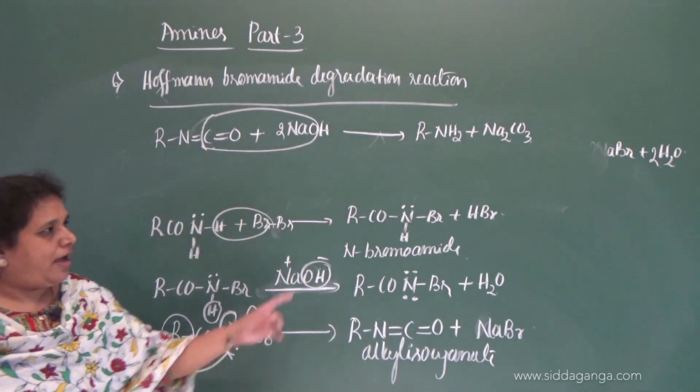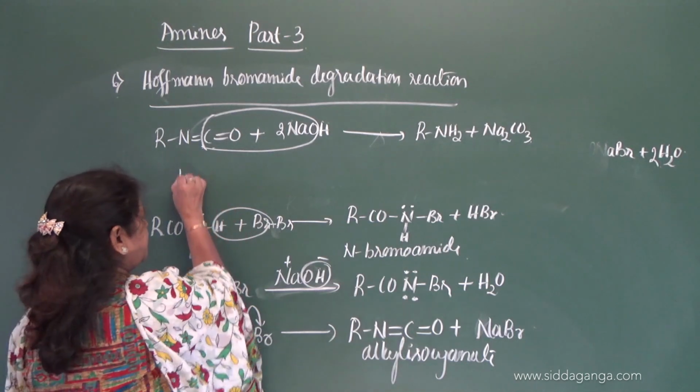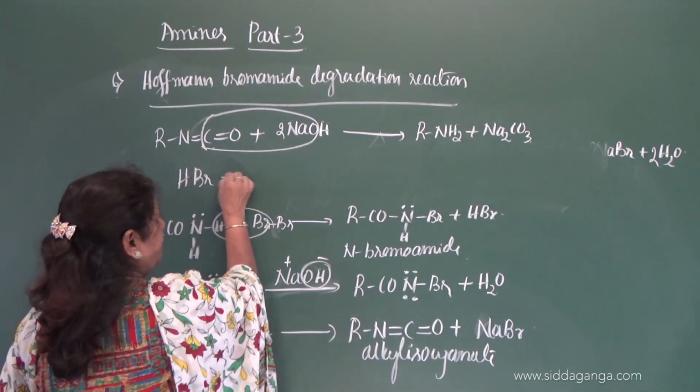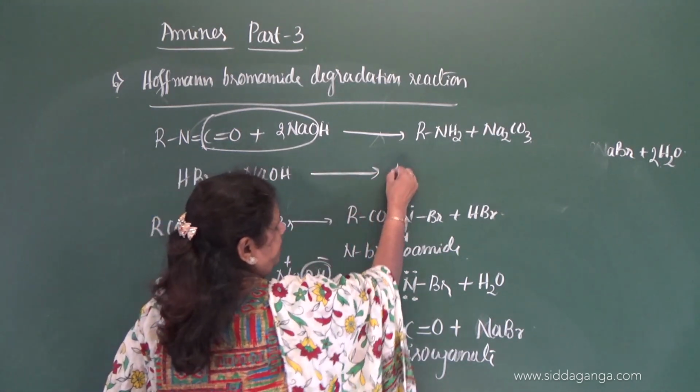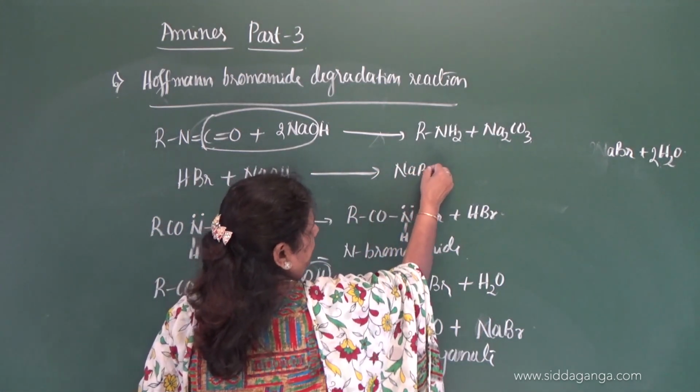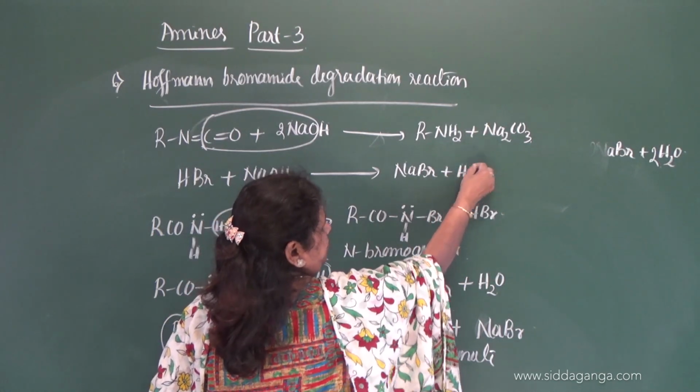and that gives a primary amine. And in the first step we are left with hydrogen bromide. It neutralizes with NaOH, and that results in the formation of NaBr plus H2O.